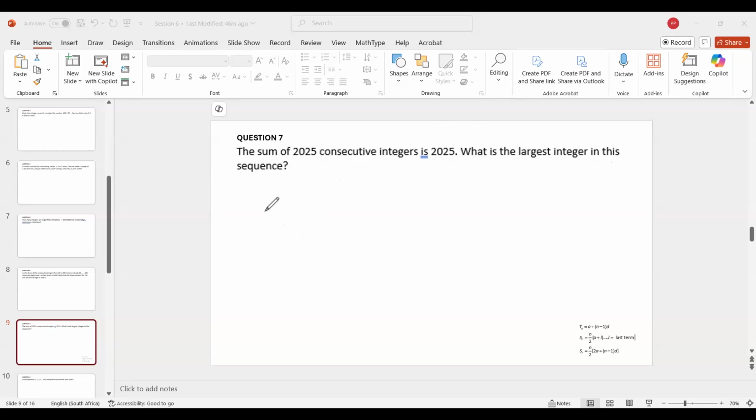So let's call the starting point A, because earlier on I told you when you go to a sequence, the first term we normally write as A. They're consecutive numbers, so A plus 1 is the next one, A plus 2, right? And you've got the sum of 2025 of them.